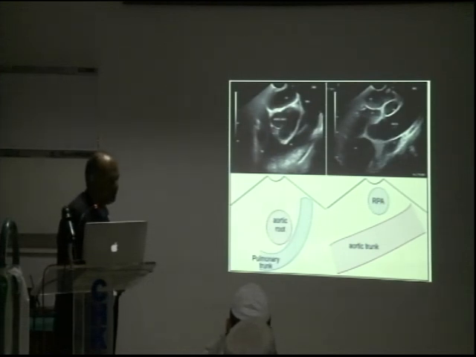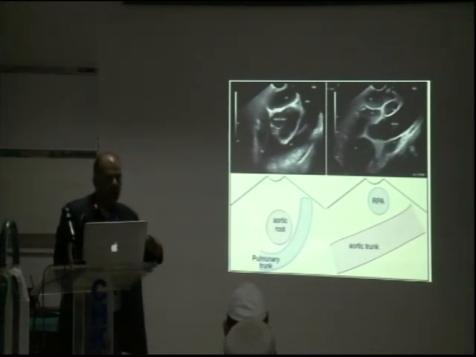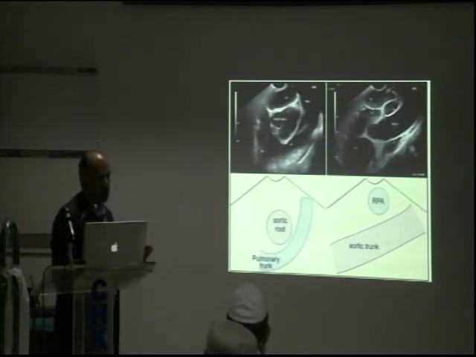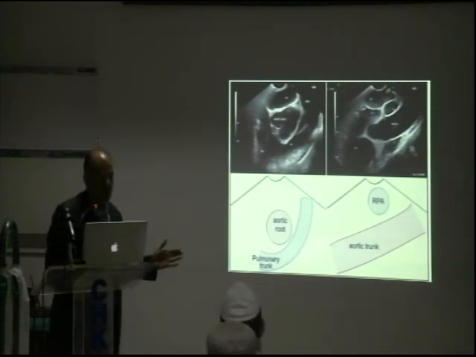So look at this pulmonary artery. It's the same pulmonary artery here. This is the pulmonary trunk and this is the right ventricle. And look at this, if you go towards the left, this is the aorta and this is the left ventricle. So it's just the rotation, all right? It's just to give you an idea that the rotation makes a difference, and then you have to take it very slow.